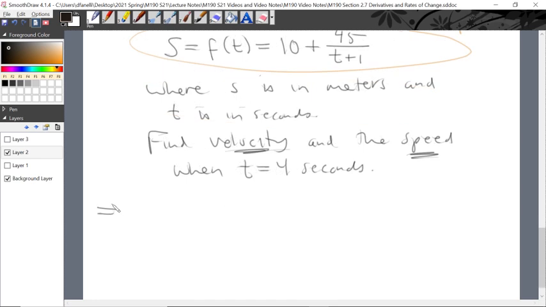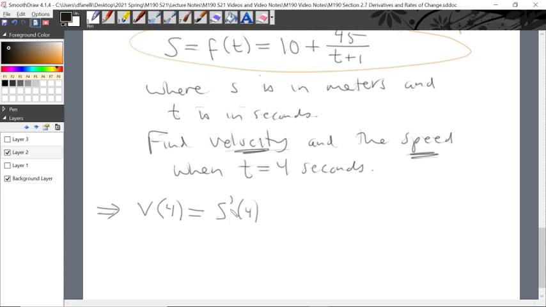Now let's call the velocity function v of t. So v of 4 would be interpreted as the velocity at 4 seconds, recalling that velocity is the time rate of change of position. So v of 4 is the same as s prime of 4.